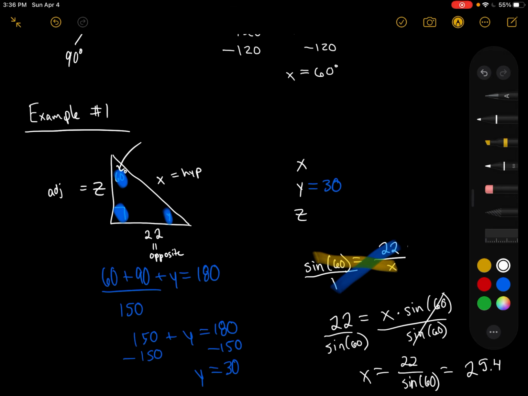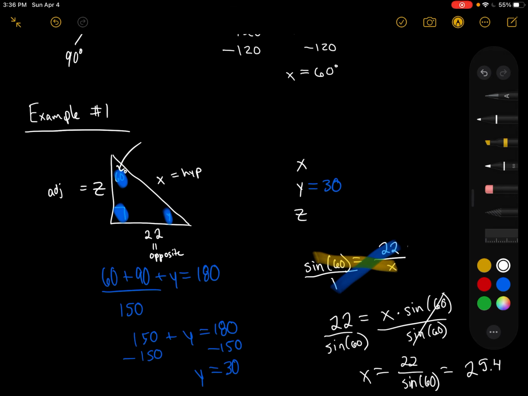All right, so once we are there, I just want to double check. Always good to make sure that your calculator is in the correct units here. So if we do the sine of 60, we want to make sure that we are in degrees. So we'll do sine 60, and I'll do this again.